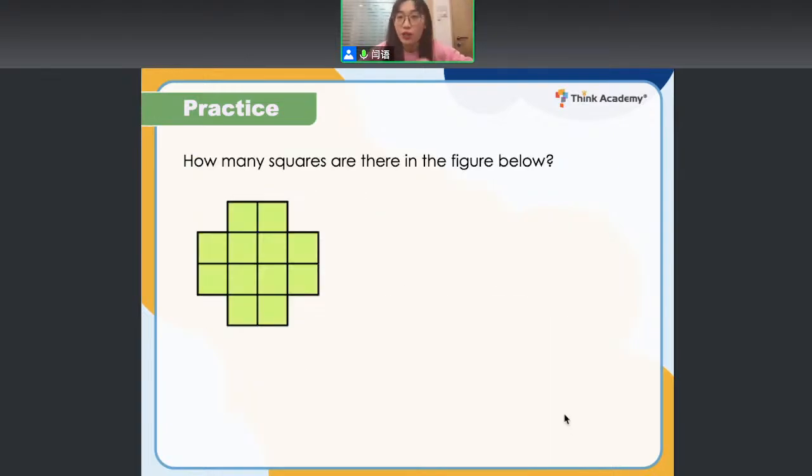And again, one more practice for you. How many squares are there in the figure below? Okay, everyone, again, 1 minute for you to have a try. How many squares are there in the figure below?